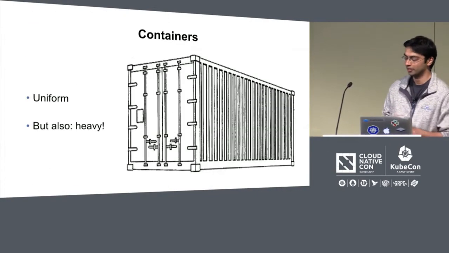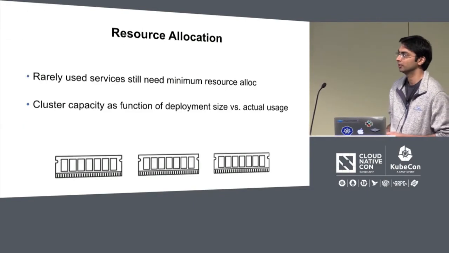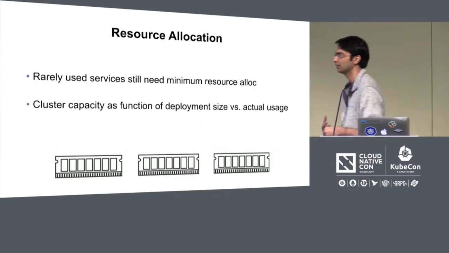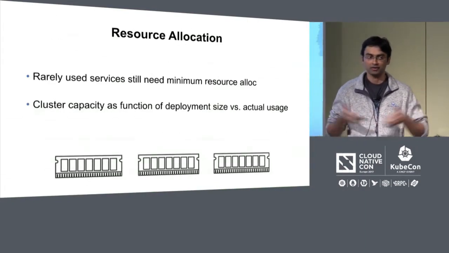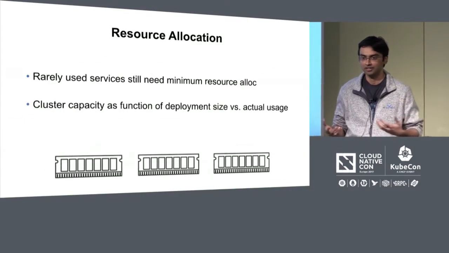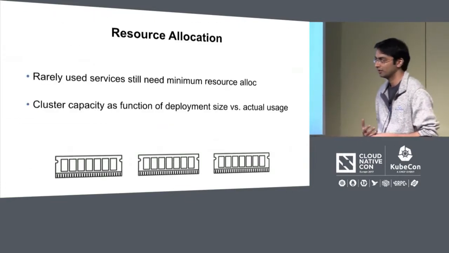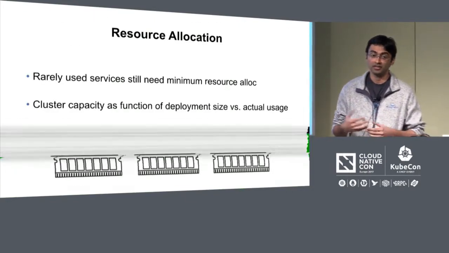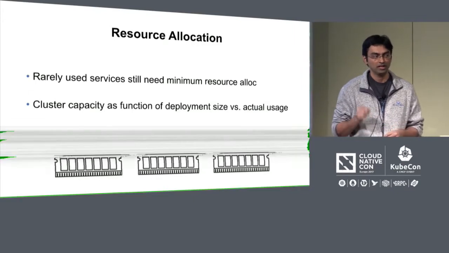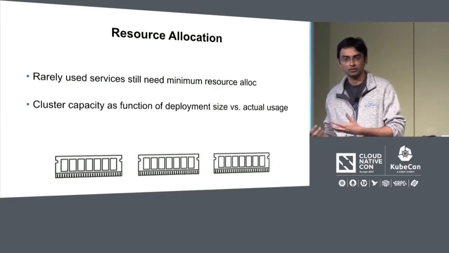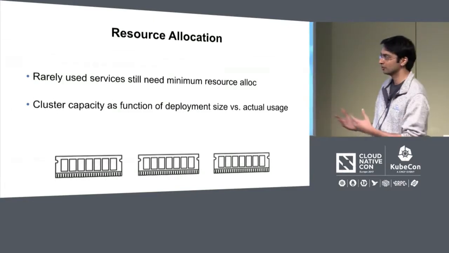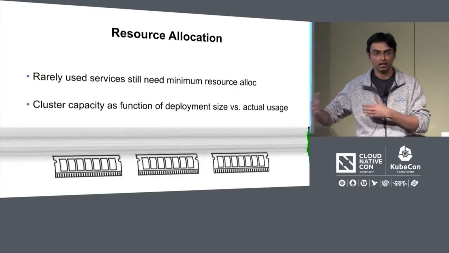Hold that thought about containers for a second while we switch subjects to resource allocation. As we split our cloud native world into lots and lots of tiny services, we end up with a lot of services that are very rarely used. But every single service that you deploy needs a certain minimum memory usage. If it's idle, it's not consuming much CPU, but you have to allocate it.